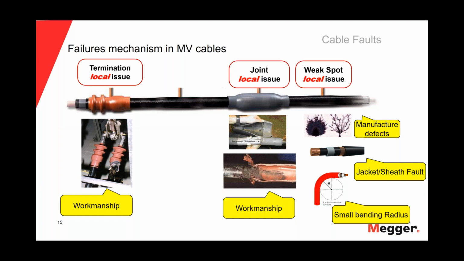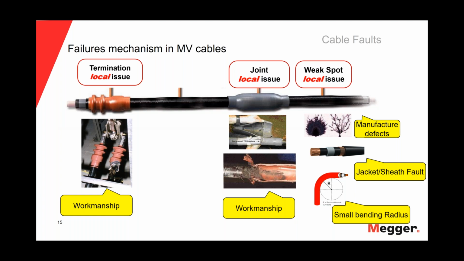And if we nick or damage the jacket, we could have water ingress, and over time that could lead to a fault. And again, when we pull in the cable, we could exceed the bending radius, or we could over pull it, so we could cause some type of mechanical damage. So if we look at these failure mechanisms, we're talking about workmanship, installation, mechanical damage, this type of thing.